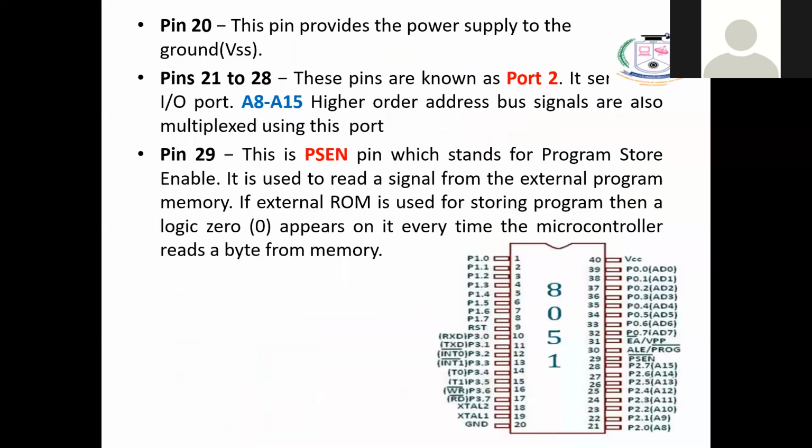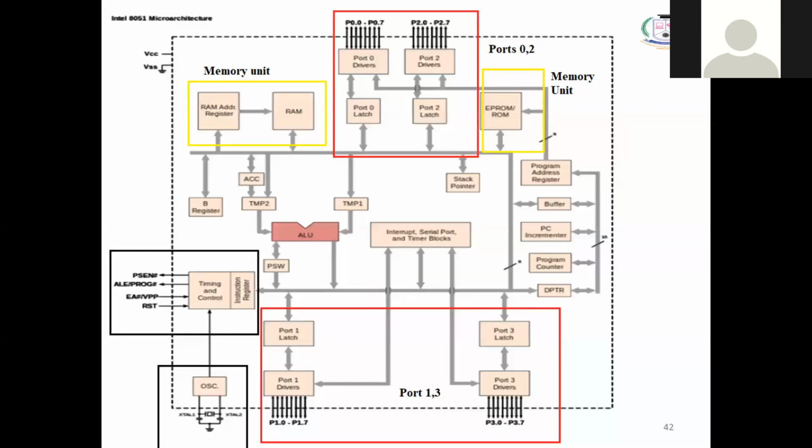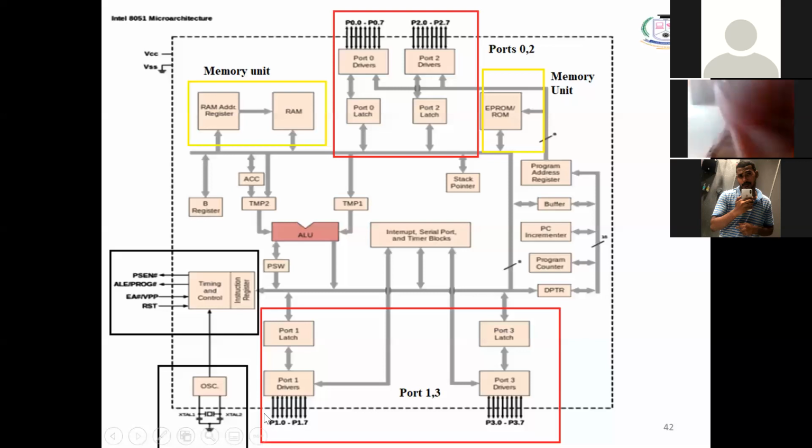So we all know port 0 is connected to both address lines and data lines, and port 2 is connected to address lines alone. Now port 1 and port 3. So this is latch as well as drivers. So they have connected here.